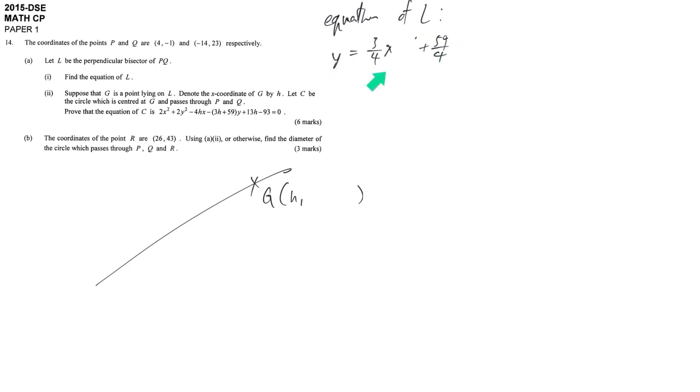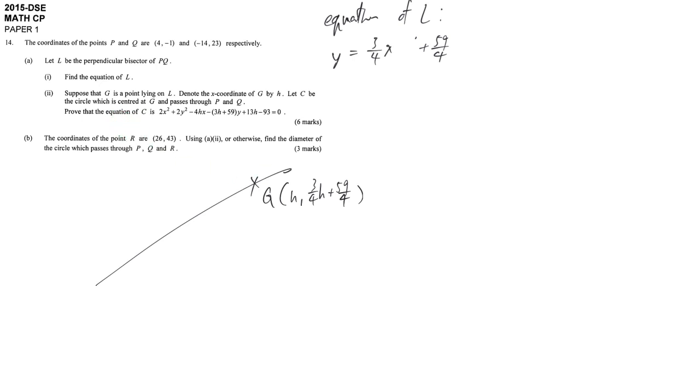That means x and y fulfill this requirement. So you won't let it be k because you don't want too many variables. You will let this point be (h, 3 over 4 h plus 59 over 4). That's why I say the slope intercept form is easier to handle in the following part, because it gives you the output directly.